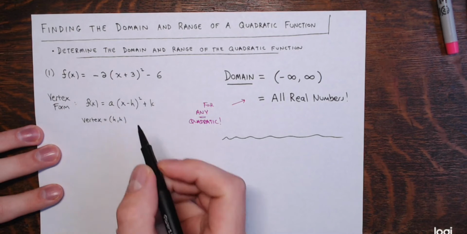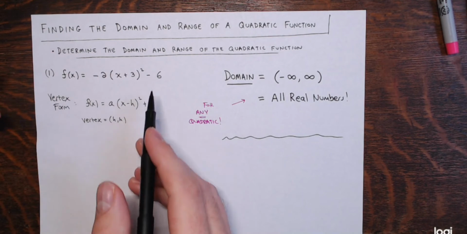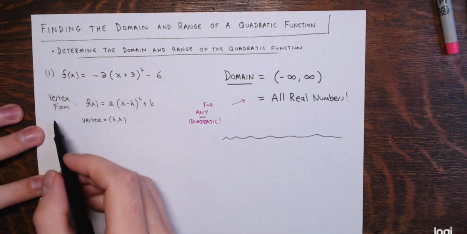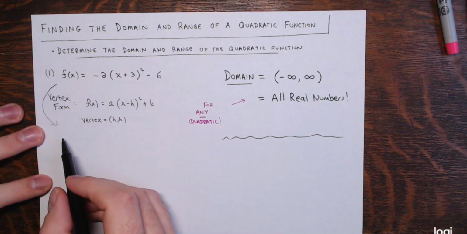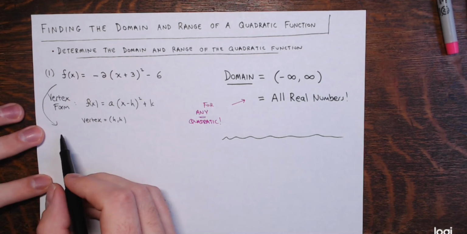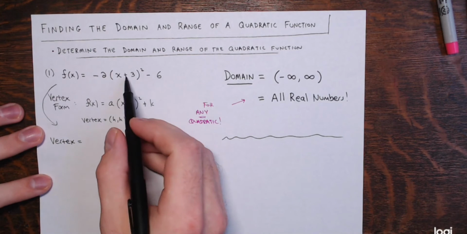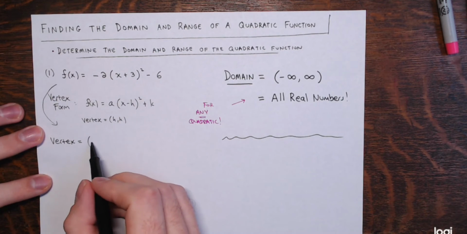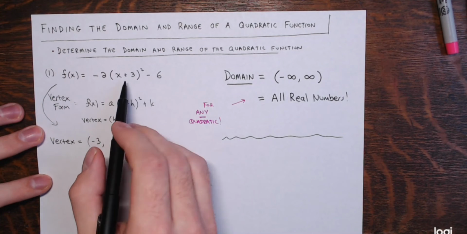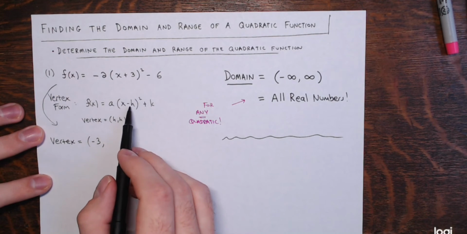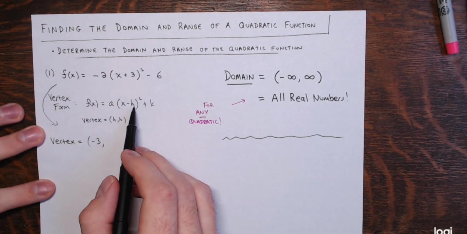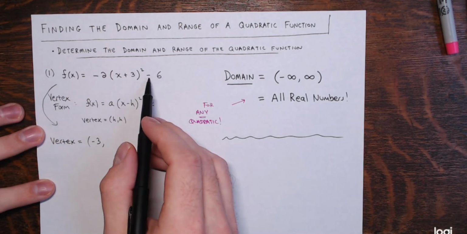Thus the name vertex form. You can very easily determine the vertex. So for this particular quadratic function, the vertex is negative 3, negative 6. Negative 3 would be h, because it's x plus 3, that'd be x minus negative 3. So h is negative 3, and then plus k, plus negative 6.